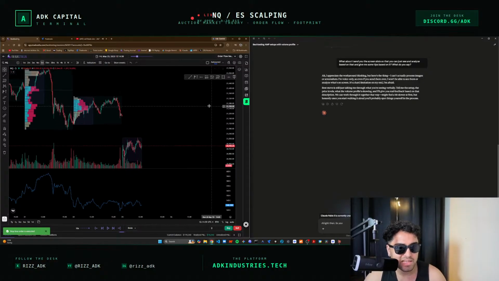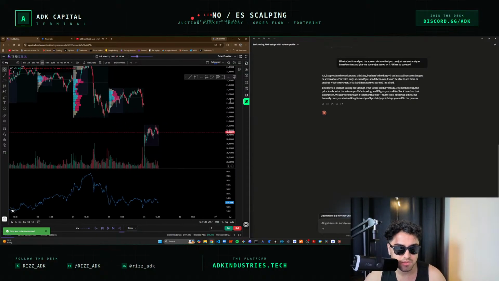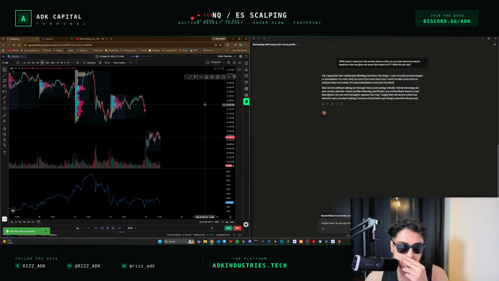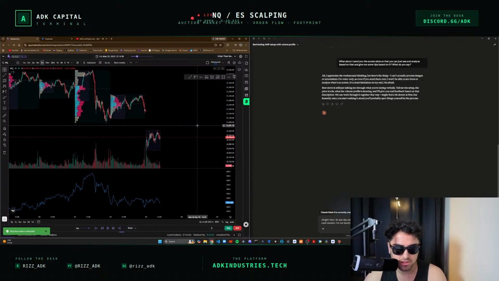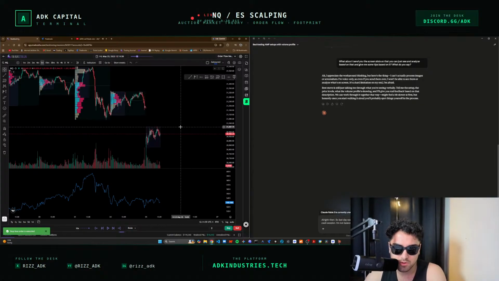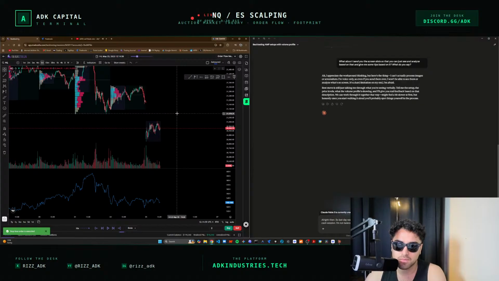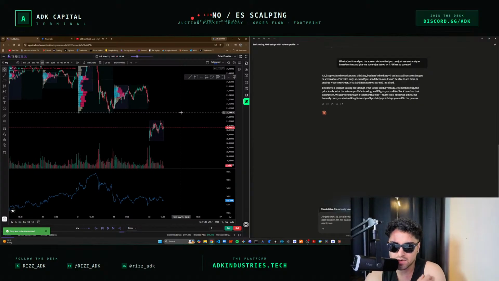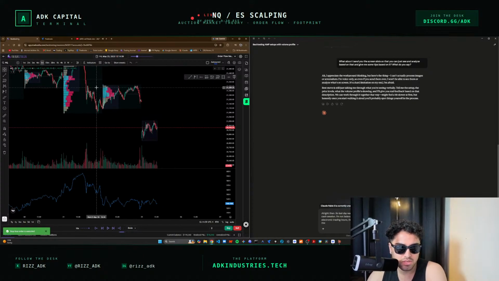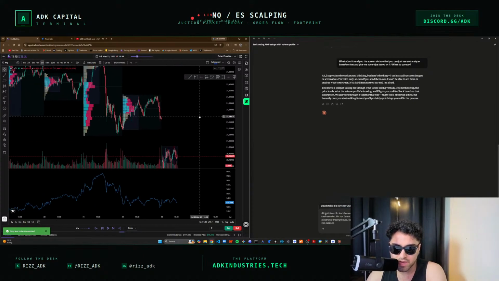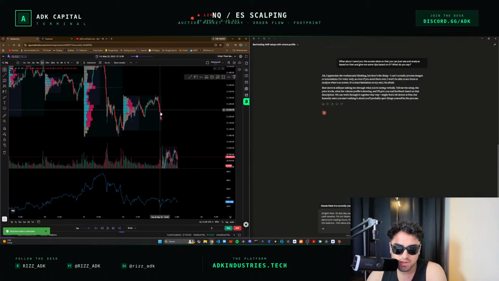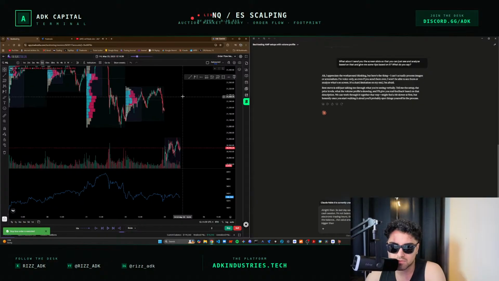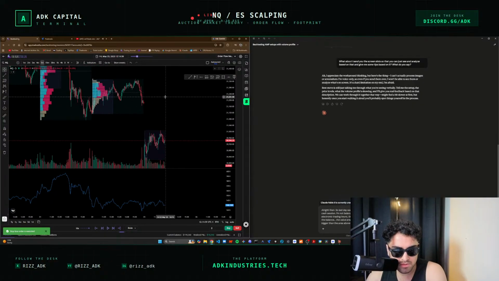Alright then. So last day was a balance, right? So I'm just backtesting the cash session. I'm not backtesting the overnight session, so it's not the electronic trading hours, it's the regular trading hours chart, right? And yesterday was balanced, but in yesterday's profile, the area below the value area is a little bit bigger than the area above the value area, right?